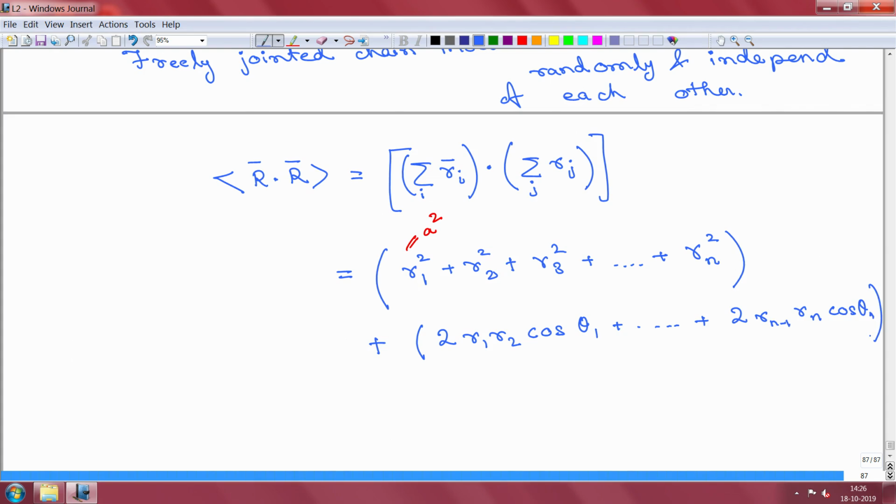Now, again this quantity is a squared. So, all the thetas have the same coefficient, and you are summing over all the cos thetas possible.